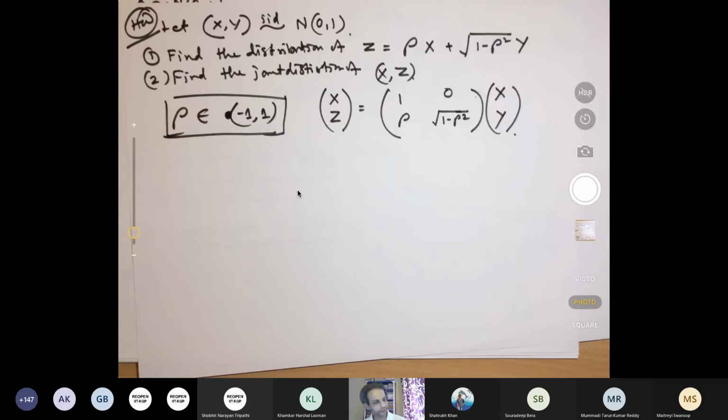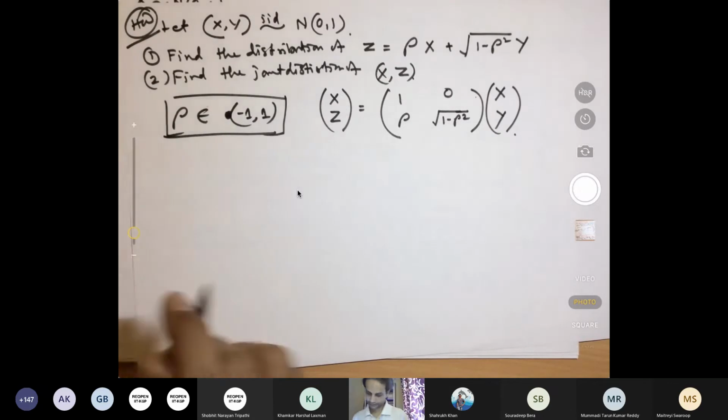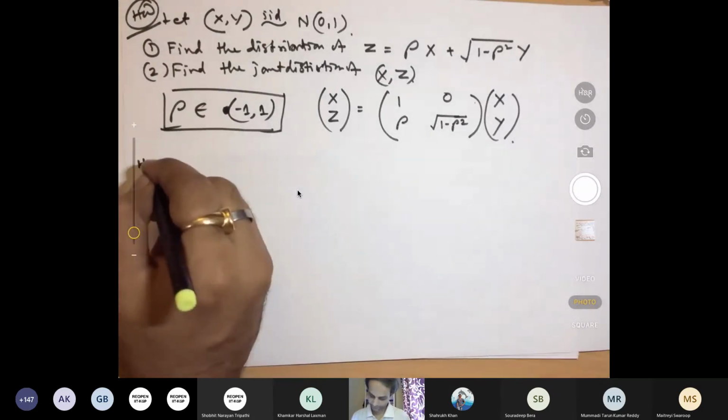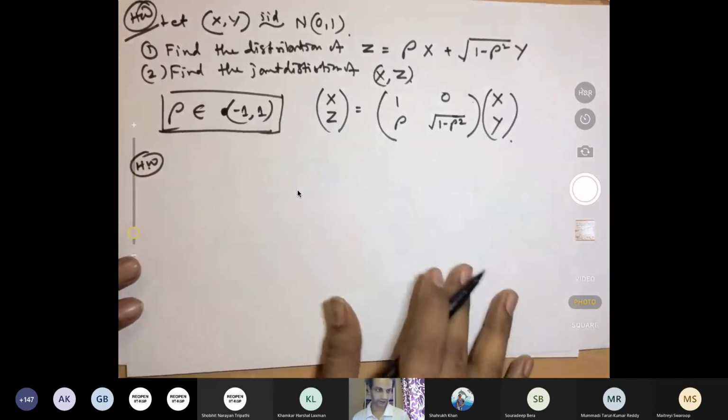Okay, so another homework that is also interesting, people. Usually you may get this kind of question in your exam. This is a very common question for your exam.